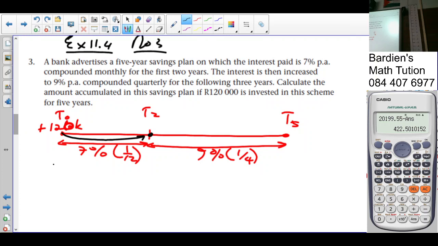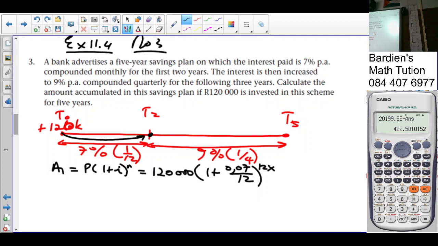Okay? So you're going to get A1 is equal to P into 1 plus i to the exponent n. It's going to be 120,000 Rand into 1 plus 0.07 over 12 to the exponent 12 times 2 years.